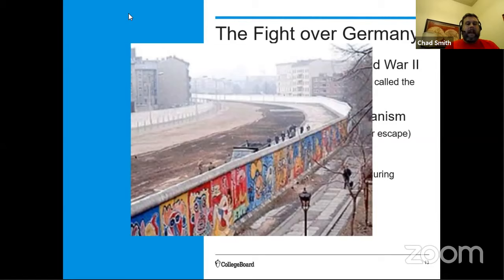Let's now take a second and look for specific pieces of evidence in the photograph to support our claims. So again, what is a specific piece of evidence on the right side to support the claim that that side is Western Berlin? And what is a specific piece of evidence on the left side to support the claim that that is Eastern Berlin?